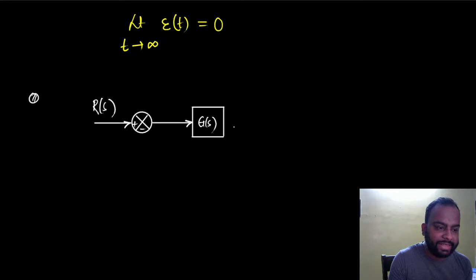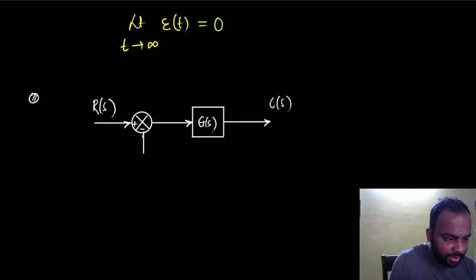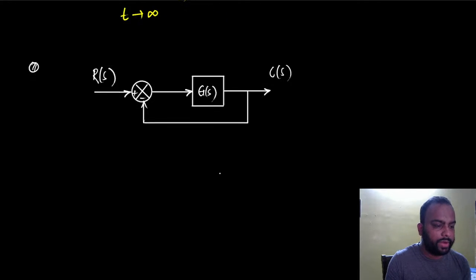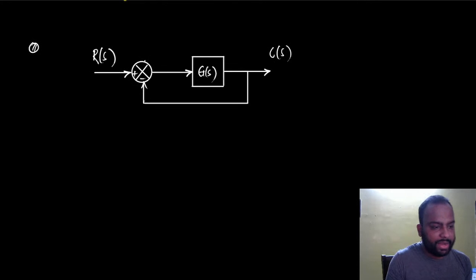We could have many things here, but we're just combining everything into just G(s). This is the controlled variable, the controlled output, and this is the feedback. Got it, right? Again, this is E(s).